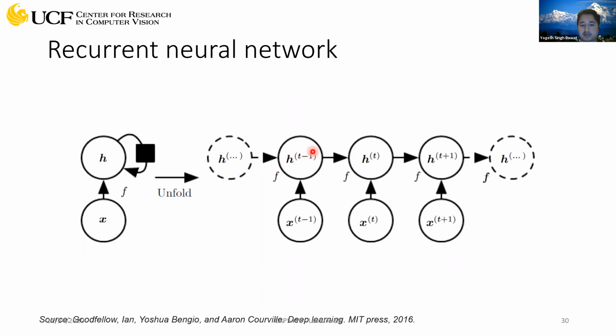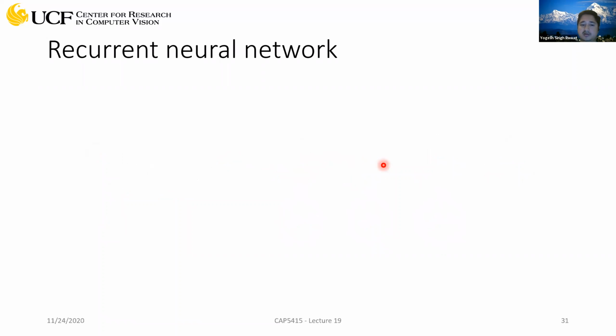So what it will do is it will take input at this time step, do some processing, and make some prediction. So apart from the input, it will also take some input from the previous time step. Okay, so that's what's happening here. It is taking input from the previous time step and the current input, and makes some prediction. All right. So that's the general structure of the RNN architecture.